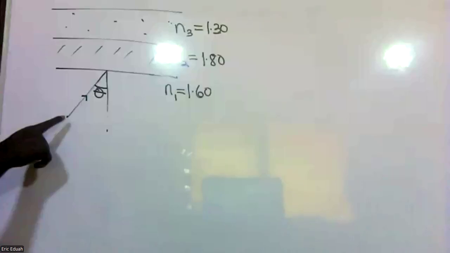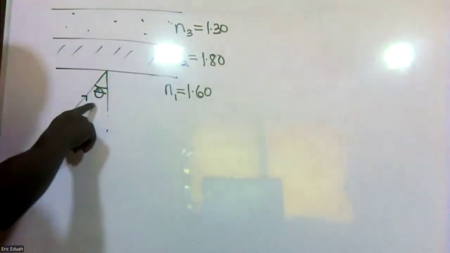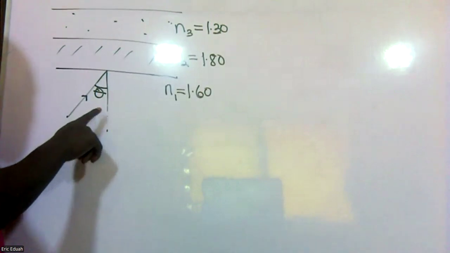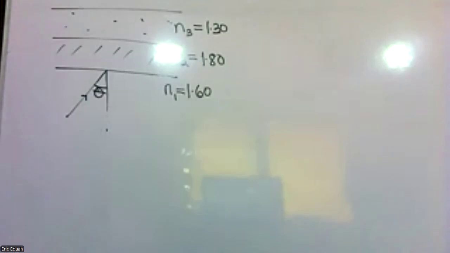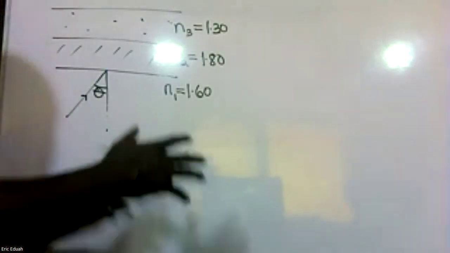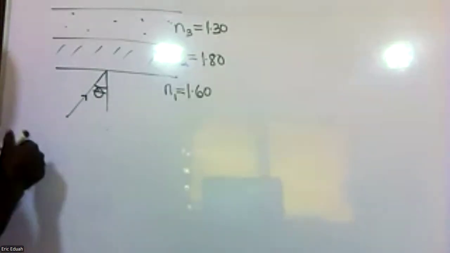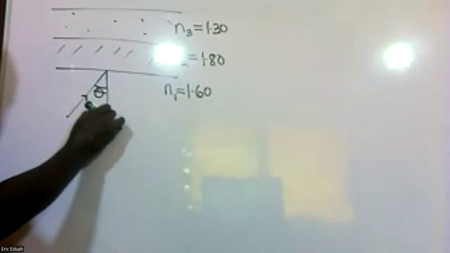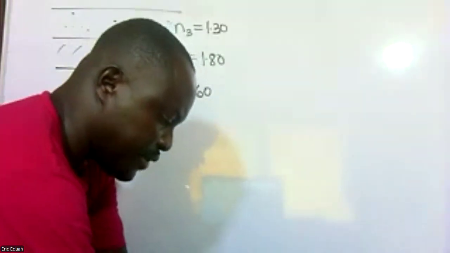So we are first and foremost asked to find the angle of incidence within the first material. Nice question. As it looks, you may think it's a very tough question. No, it isn't. Let's pick the information given.